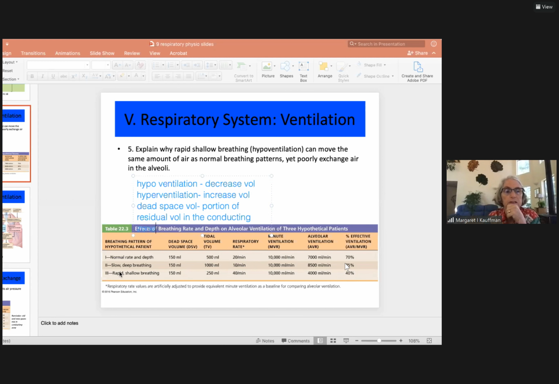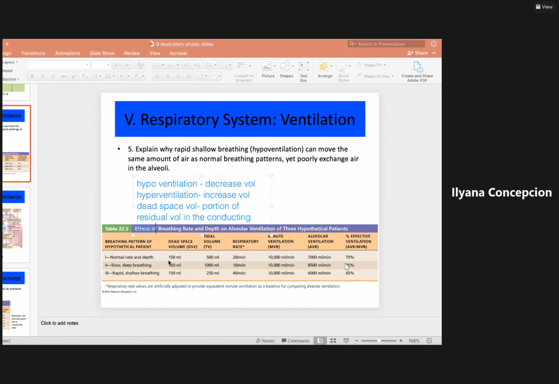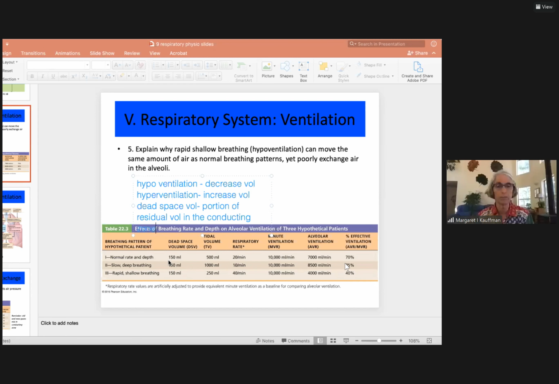Hopefully you got that. So here that person is about a 150-pound person. And roughly speaking, you can't actually measure the residual volume at all. But the size of the person will affect how long their conducting zone is.